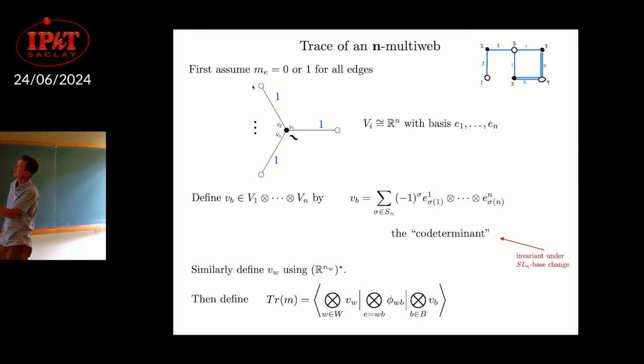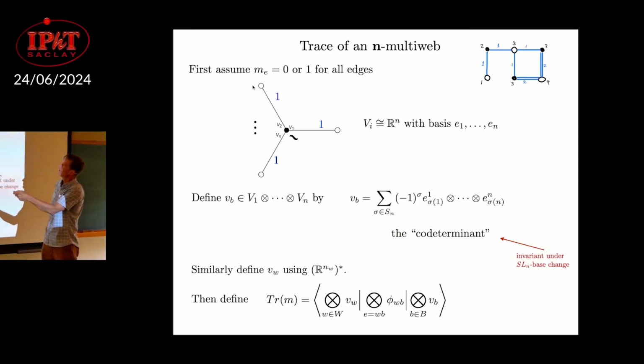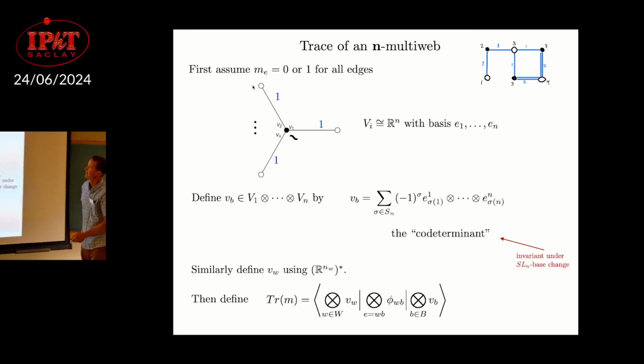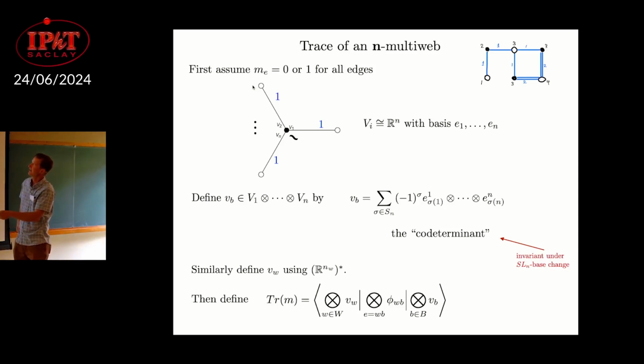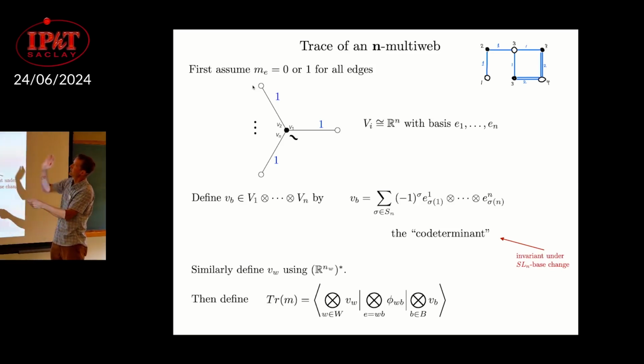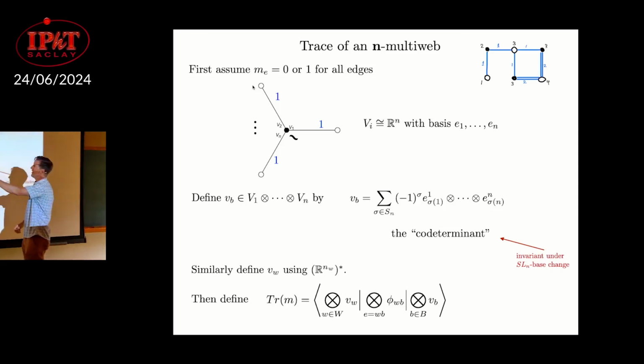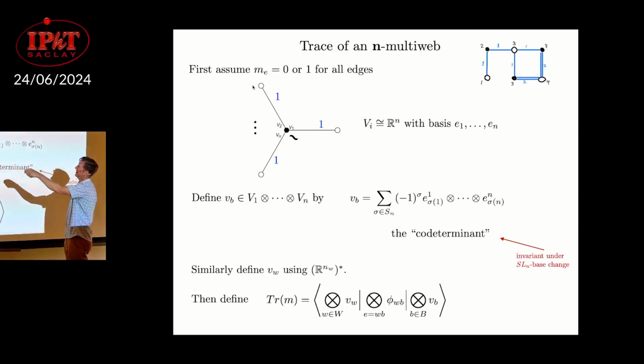So let me first assume that all the edge multiplicities are 0 or 1. Then I'll tell you how to generalize later. If they're all 0 or 1, you can just throw out the edges of multiplicity 0 and keep those of multiplicity 1. Around a vertex of multiplicity n, there are n edges, E1 through En.